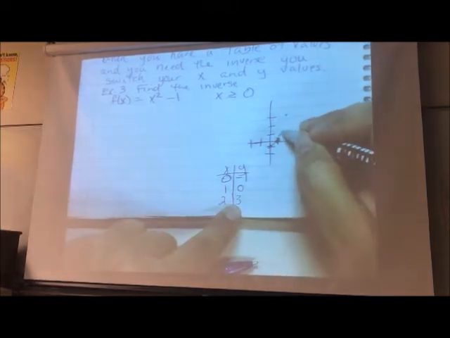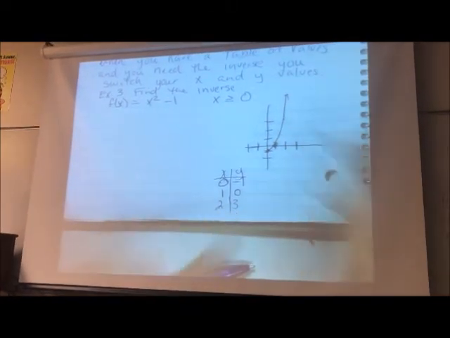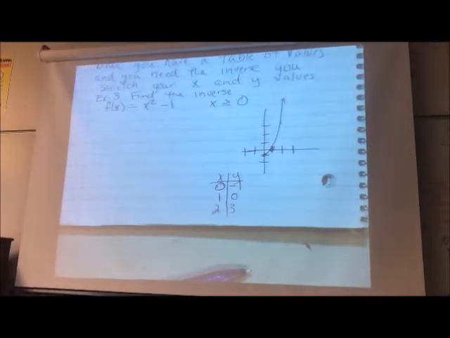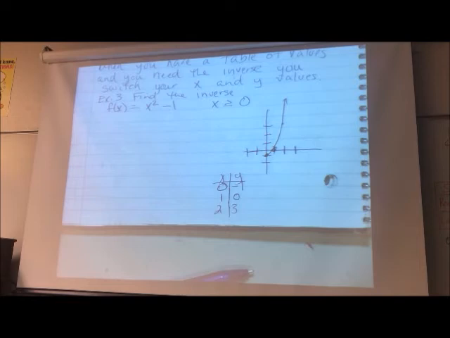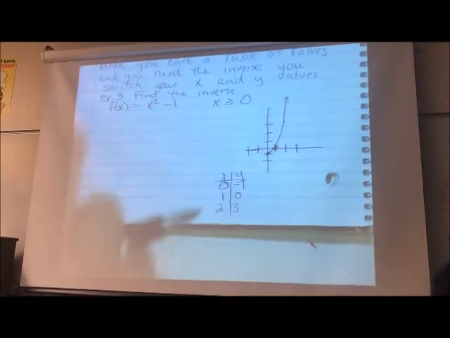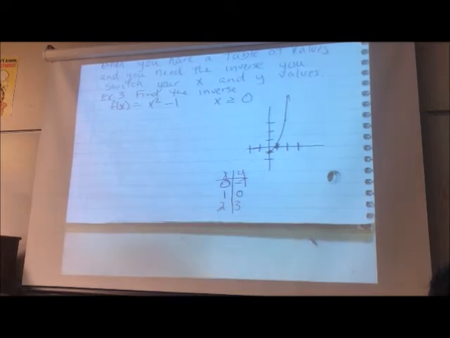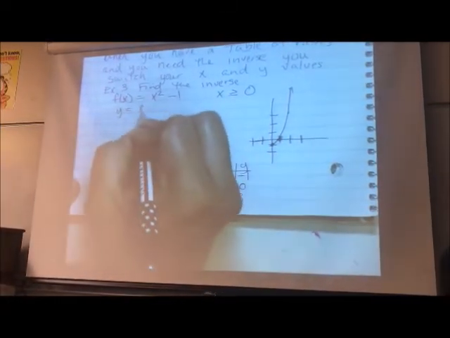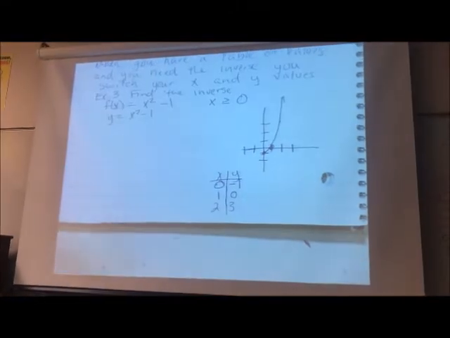So my graph, my parabola, we're just talking about that part, because the only one where x is greater than or equal to 0. But I need to find the inverse. We do it the same way, because I do need the equation and the graph part. So, this is y equals x squared minus 1, but what should I do?